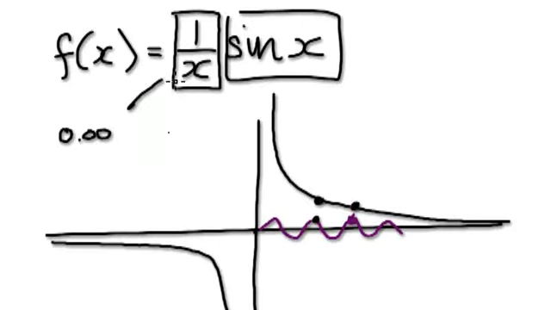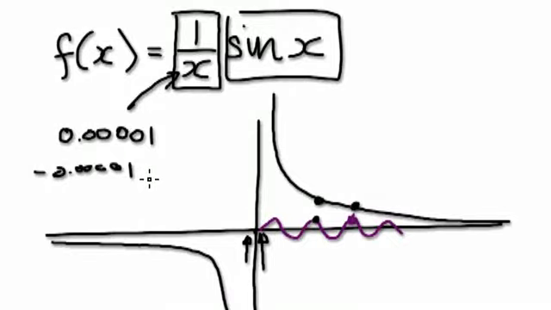0.00. Remember, we can't put 0 into this thing here; it breaks down. But if you select a point just to the right of 0, let's say 0.001, and later on we will select a point just to the left of it, negative 0.000 whatever 1. So a really small number just to the right of 0.